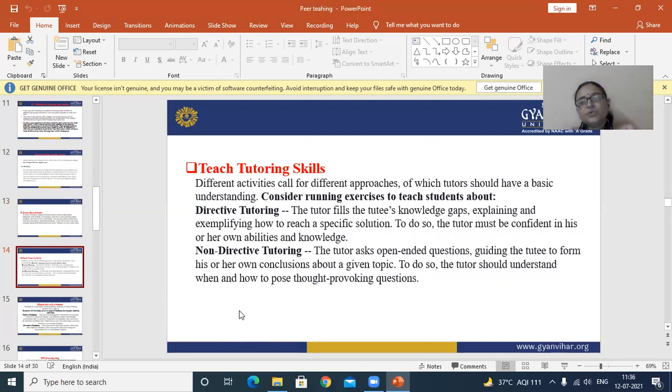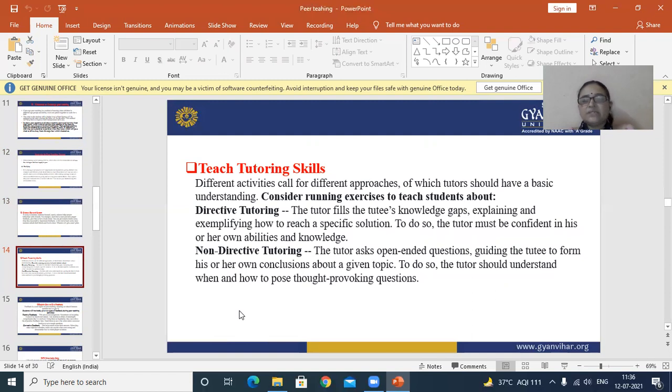Teach tutoring skills. Different activities call for different approaches. So, there are types of tutoring of which a tutor should have a basic understanding.